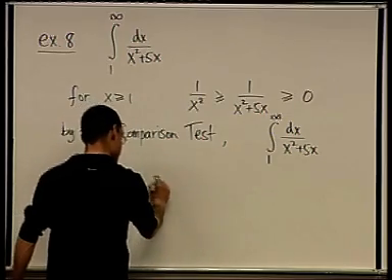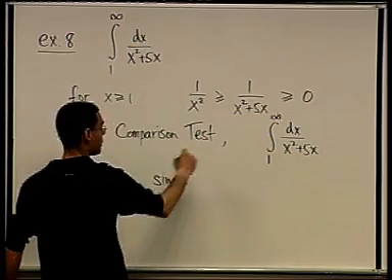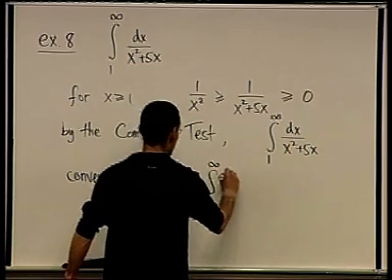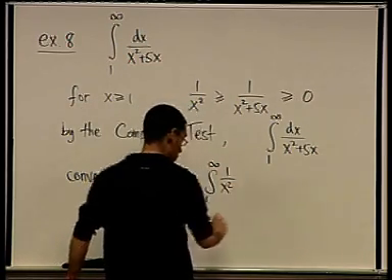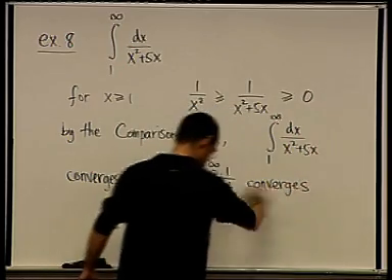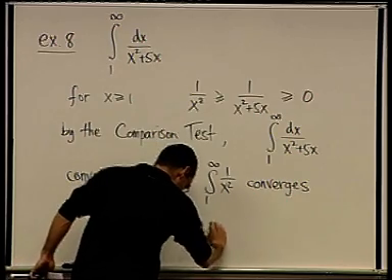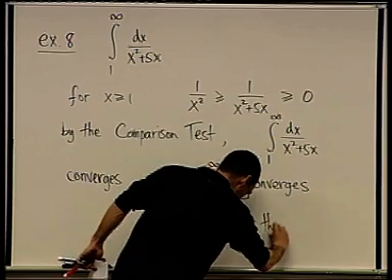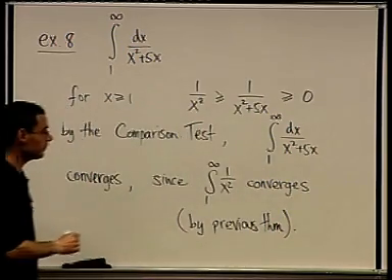Why is that? Since the bigger integral converges as well. Since the integral from 1 to infinity of 1 over x squared converges. This, by the way, we know by a previous theorem. Clear?